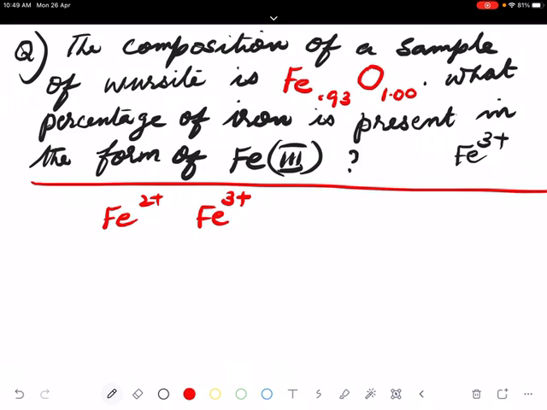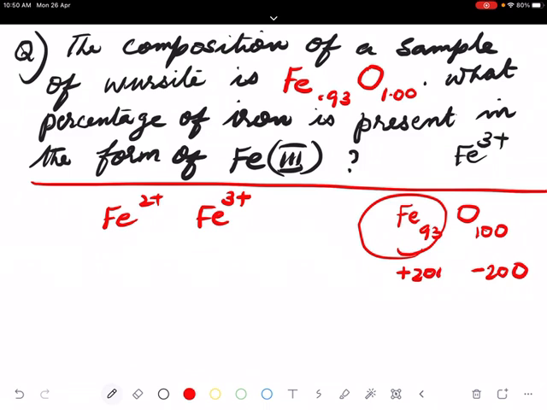What percentage of iron is present in the form of Fe3 plus? That means in this FeO, some of the Fe2 plus are replaced by Fe3 plus. Electrical neutrality is maintained. So again you can take it in this form, that is Fe93O100 for easy calculation. So here again minus 200 negative charges, so there should be plus 200 positive charges.